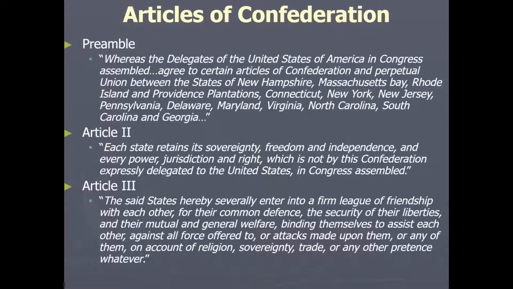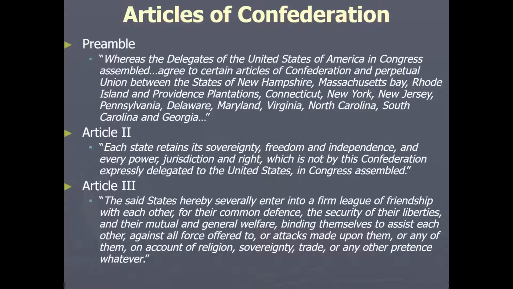And then in Article 3, the states enter into a firm league of friendship. I love it. It's so adorable. They're friends. Aw, isn't that cute? Wow, they hate each other.